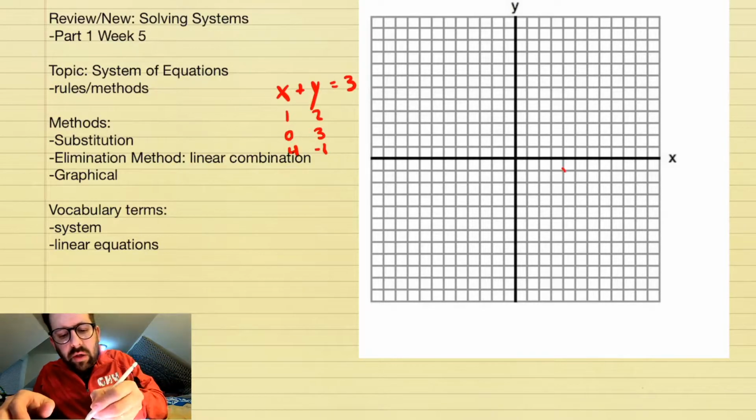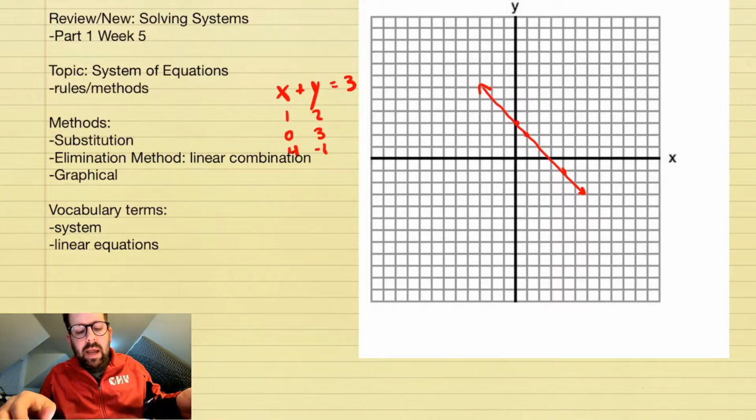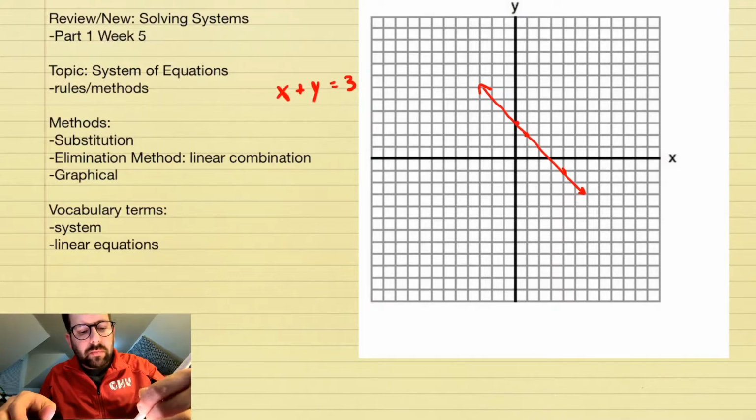If I were to draw these dots, 4, -1, 0, right and left, up 3, and 1 over 2 up, you can definitely see that it's a straight line. Okay, and let's say I had another equation.